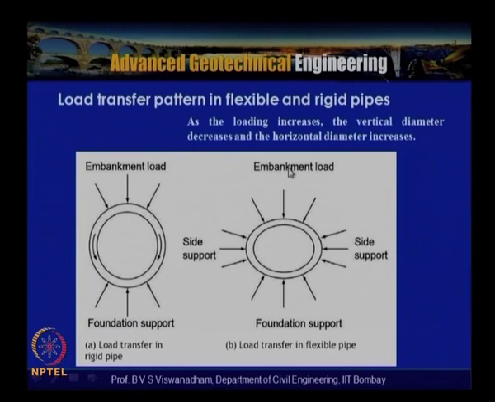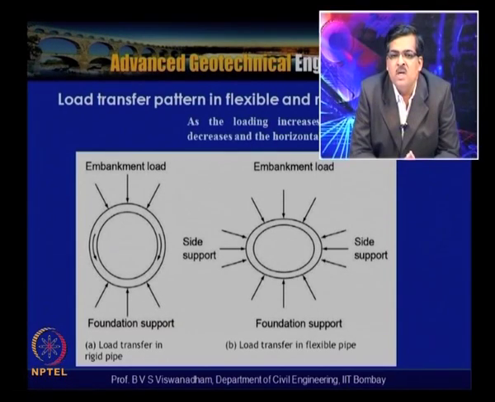The distinct pattern of the load transfer mechanism is shown here, with the rigid pipe on the left-hand side of the figure and the flexible pipe on the right-hand side, wherein as the loading increases, the vertical diameter decreases and the horizontal diameter increases.